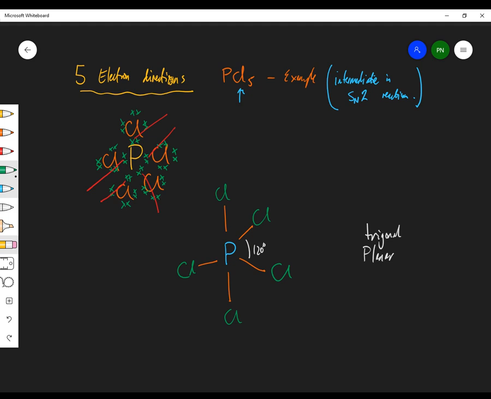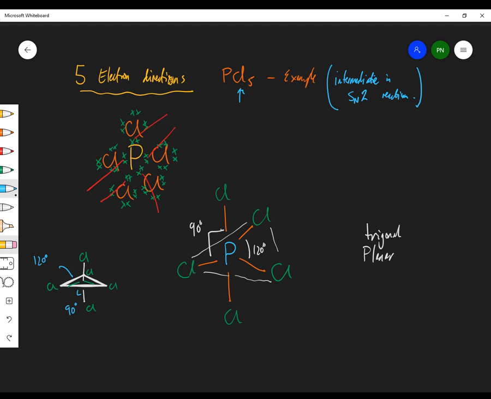If you can imagine this is a plane, within the plane it's trigonal planar, but then you've got one up and down perpendicular to the plane, and the angles here are 90 degrees between this one and this one. So this one has 2 types of bond angle, 90 and 120. There's a plane, and above and below the plane we have chlorines: chlorine there, chlorine there, chlorine at the back, chlorine there, and a chlorine there. Within the plane the bond angles are 120, but up and down, the bond angles are 90.